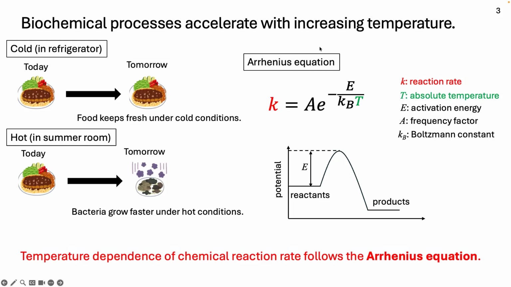So in statistical physics, this distribution follows the Boltzmann distribution. So we can write this relation as the Arrhenius equation.